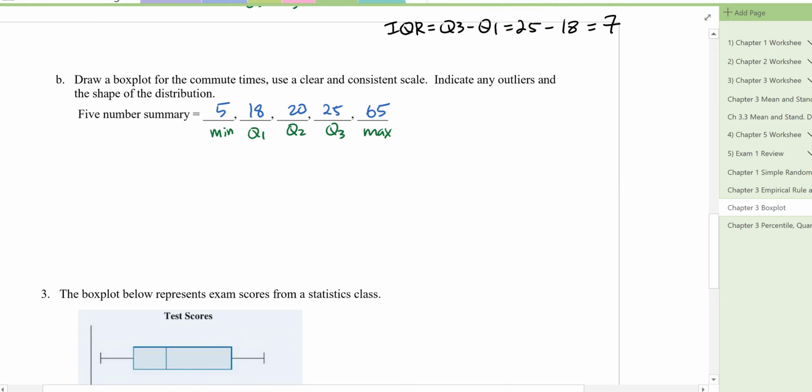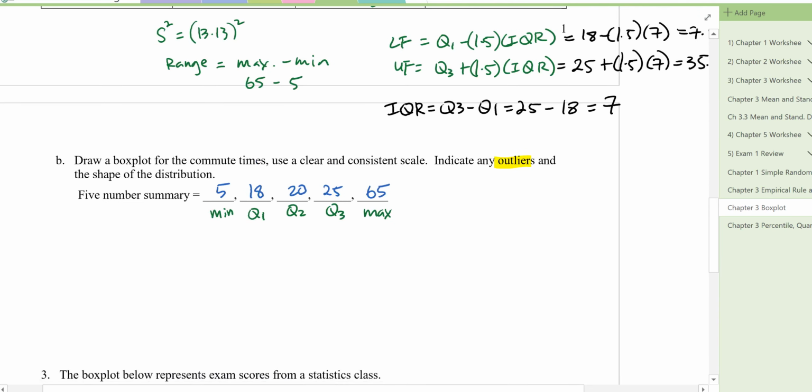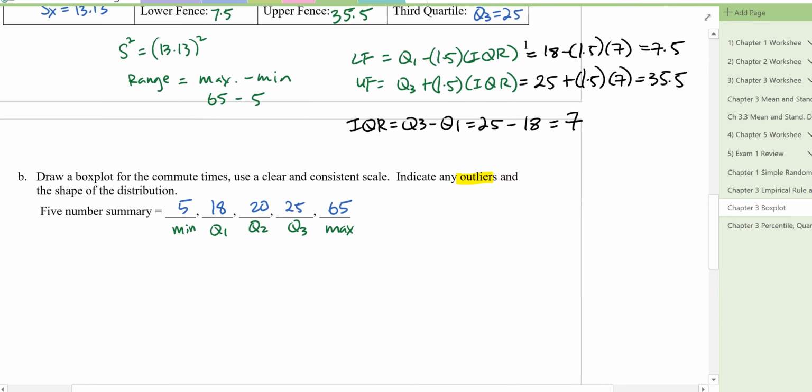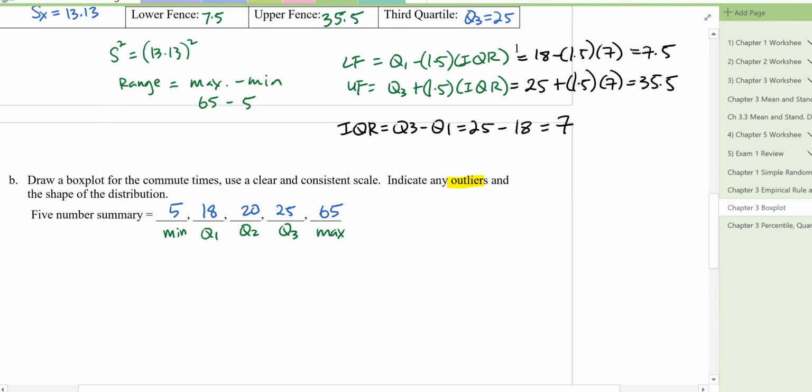Well, first of all, let's see if there are any outliers. Using the IQR, an outlier is a number that is smaller than the lower fence or greater than the upper fence. So I notice that my minimum is 5, and my lower fence is 7.5. So 5 here is an outlier because it's outside of 7.5. And my upper fence is 35.5, so any data that's bigger than 35.5 will also be an outlier.